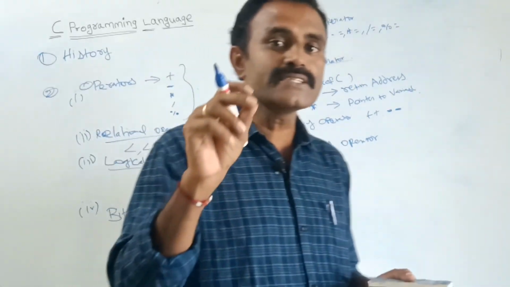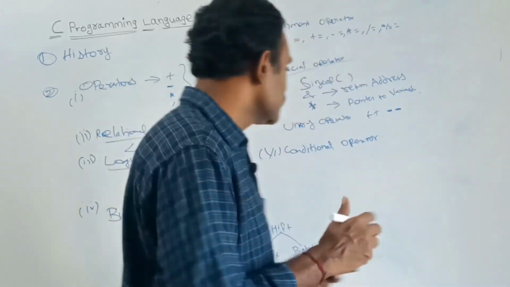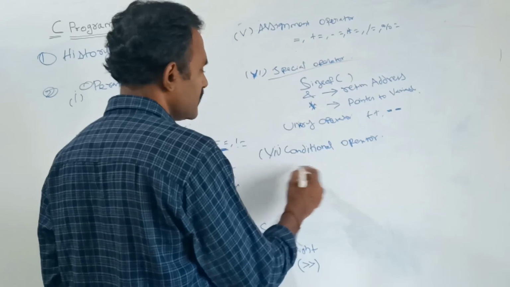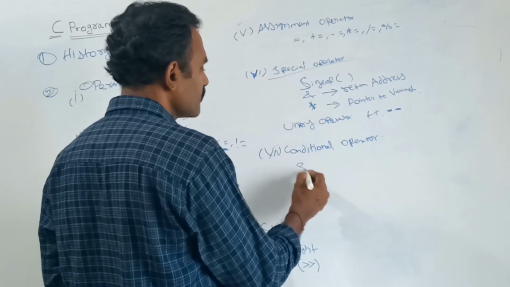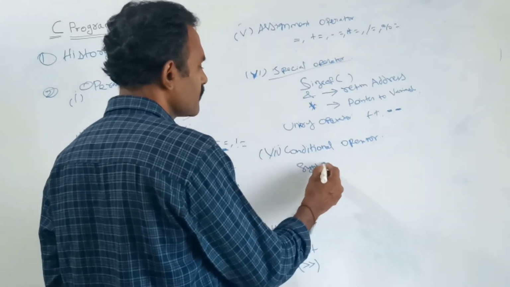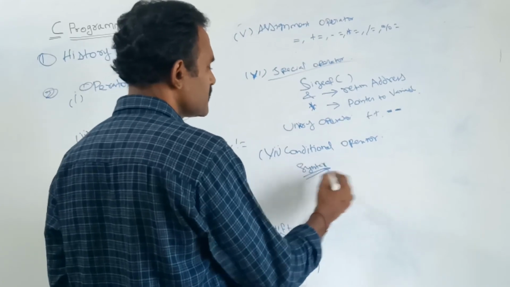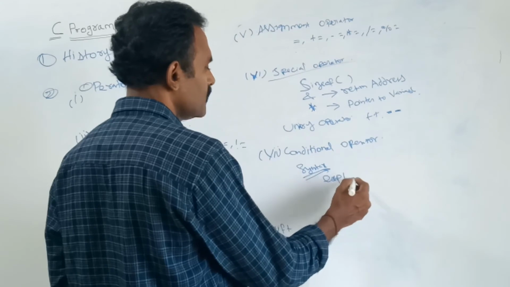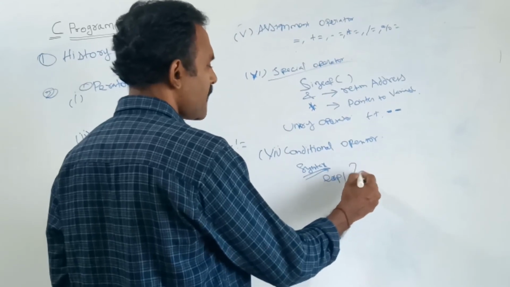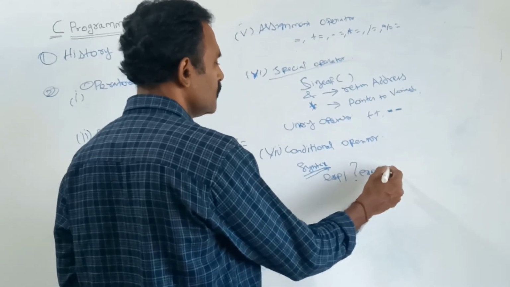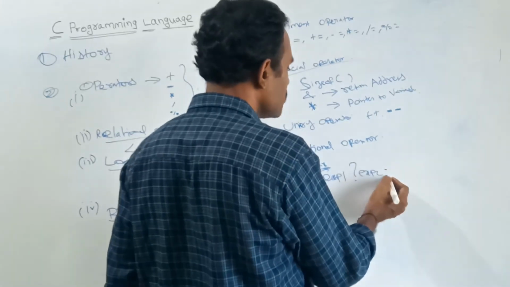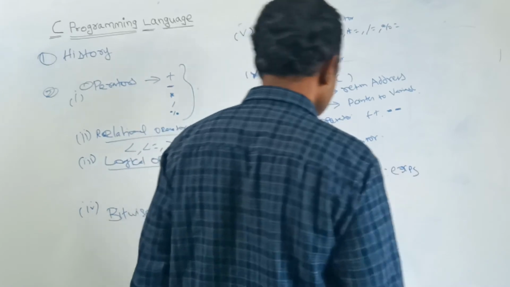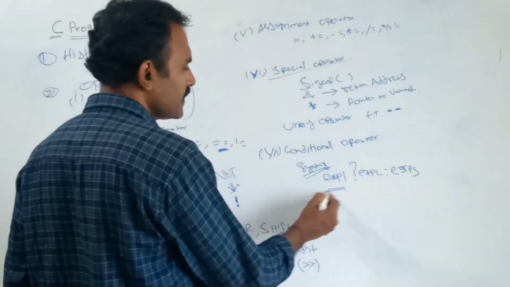Let us see the syntax of the conditional operator. Here first is expression 1, which is the condition, after that expression 2, and next expression 3. Here I can give the condition.